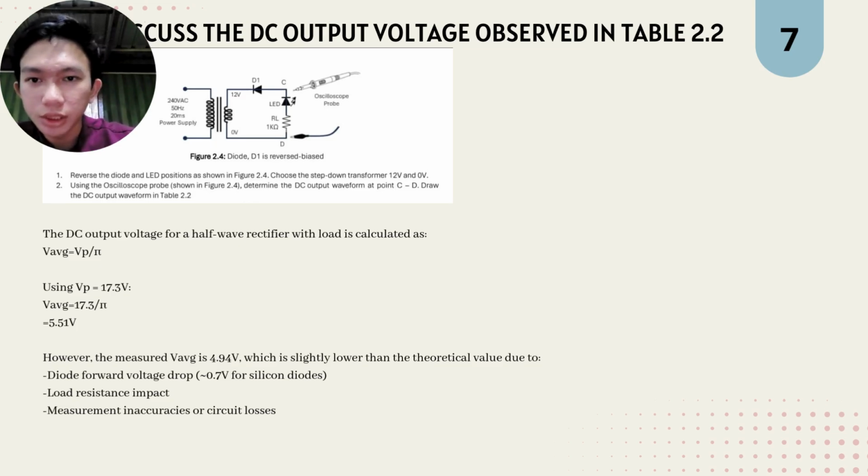So the next one is question 2. Discuss the DC output voltage observed in table 2.2.